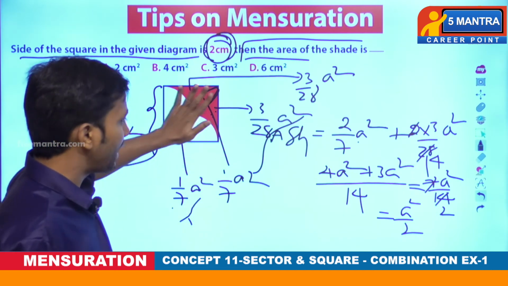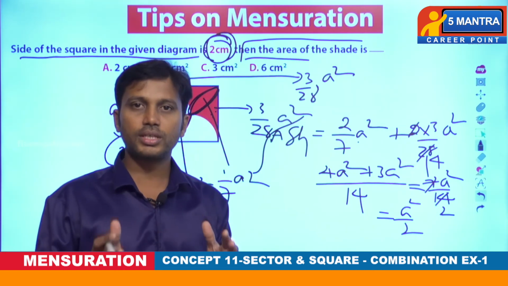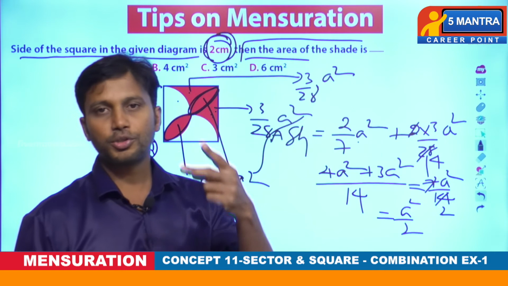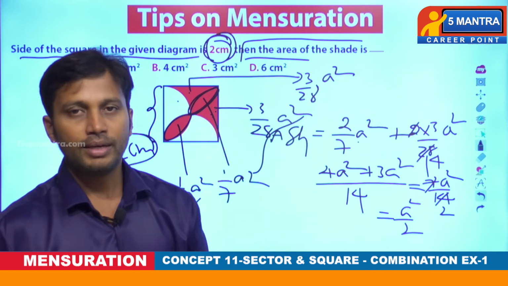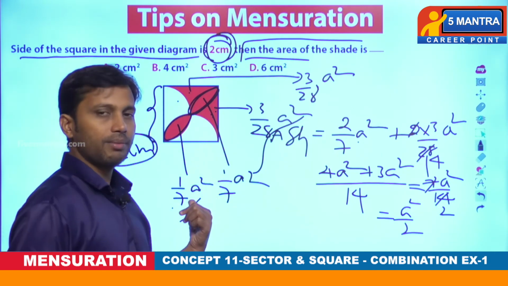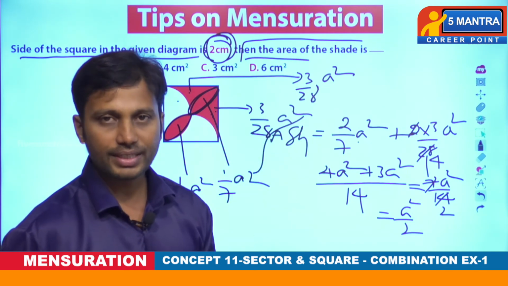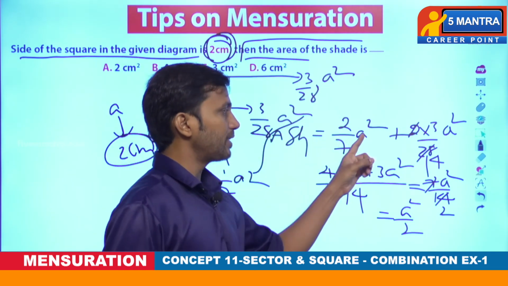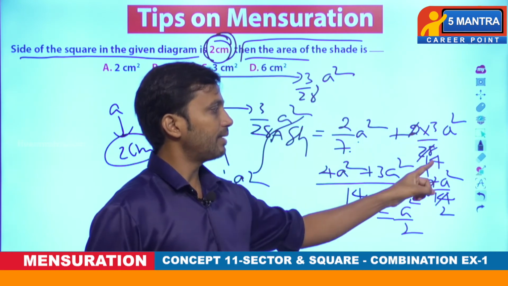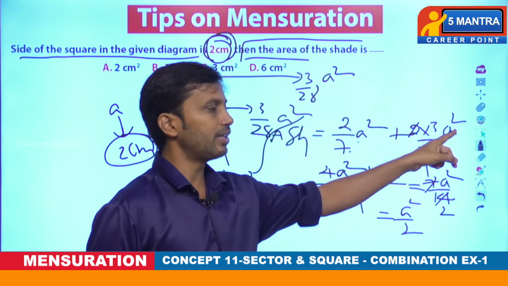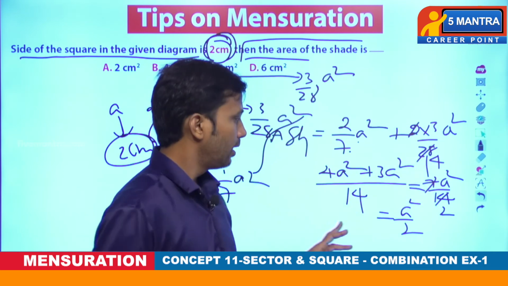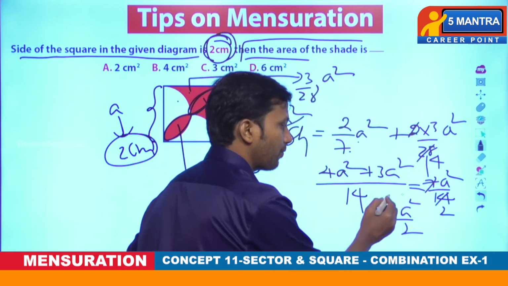So the given red shaded area is equivalent to 2 petals and 2 gaps, where each petal is carrying 1 by 7 A square and each gap is occupying 3 by 28 A square. Now 2 times 1 by 7 A square would be this, and 2 times 3 by 28 A square would be this. Simplifying them, what is your final value?